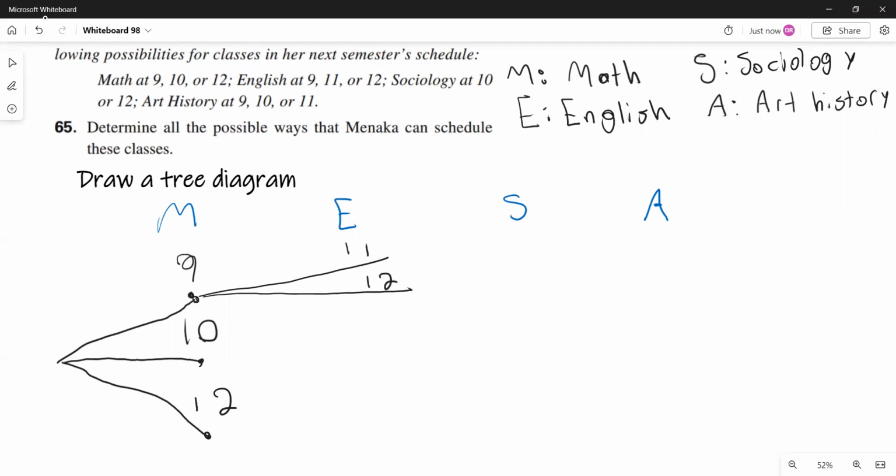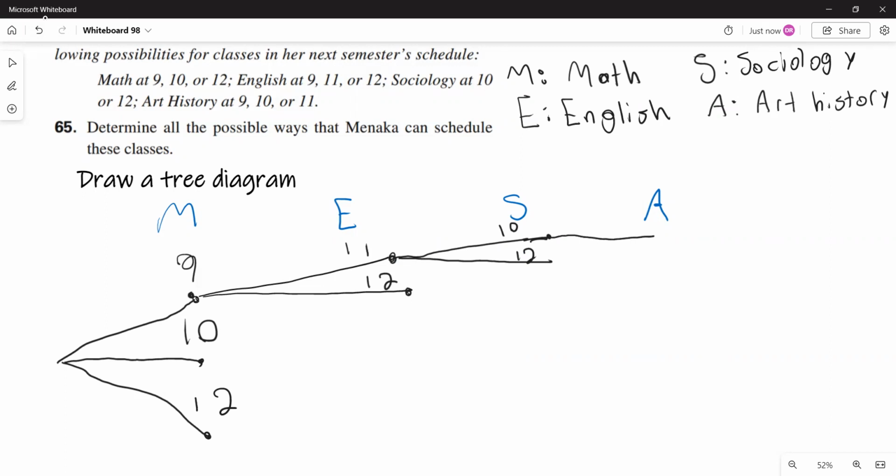So if she took math at 9 and English at 10, she has two choices for sociology. She can take sociology at 10 or 12. So if she took math at 9, English at 11, sociology at 12, she cannot take art history at any of these times.